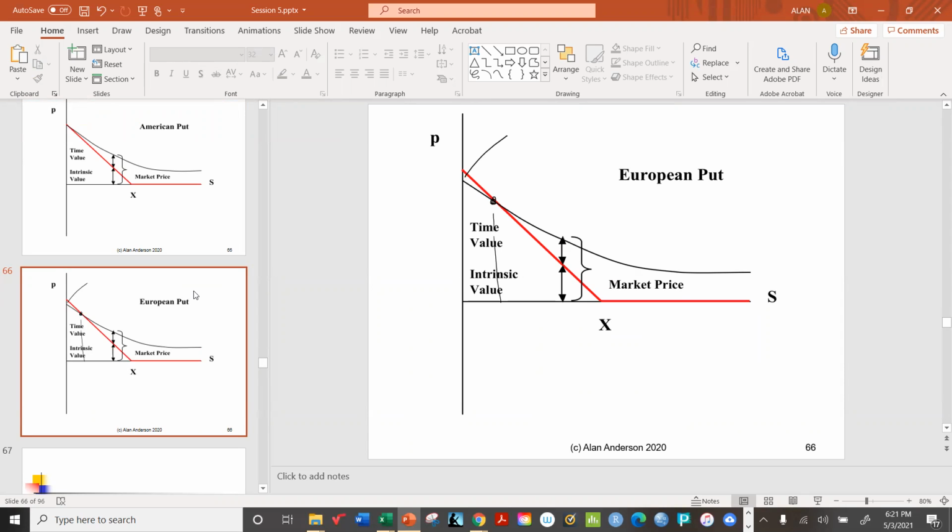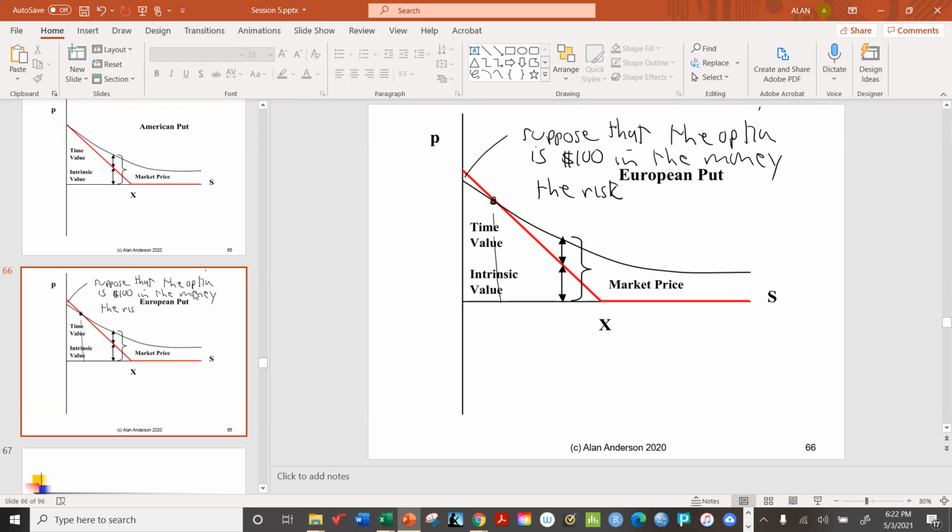So imagine the following situation. Suppose that the option is $100 in the money, and we could earn the risk-free rate, which is, I don't know, 3%. Now, over a week, that's not a lot of interest.